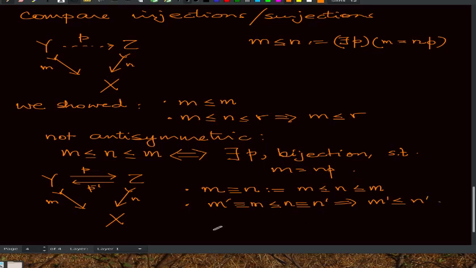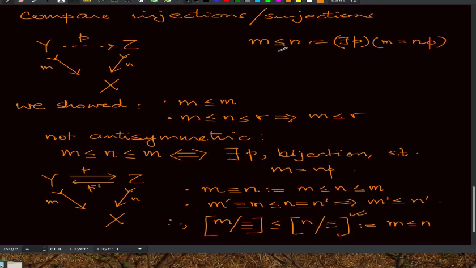So using this, we therefore said that the equivalence class, remember our equivalence class, was said to be smaller if this holds. So we defined this relation, and this turned out to be a partial order.